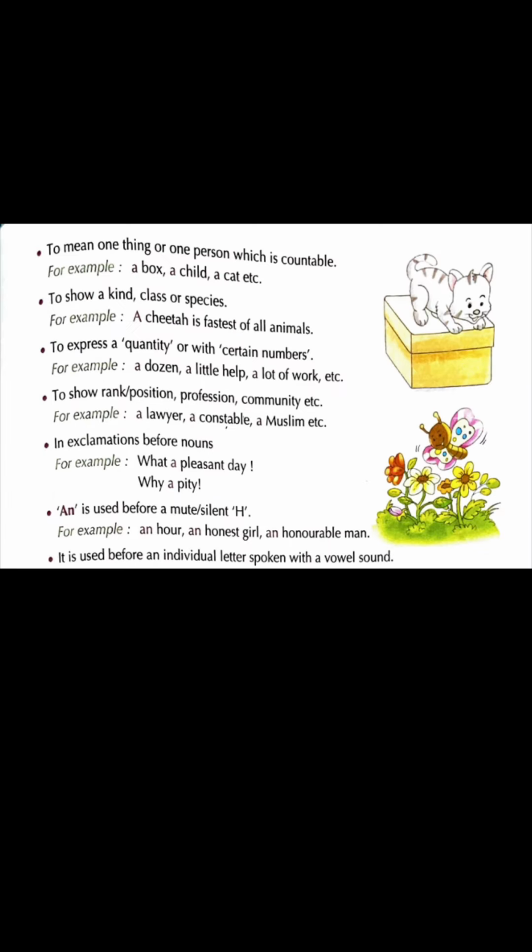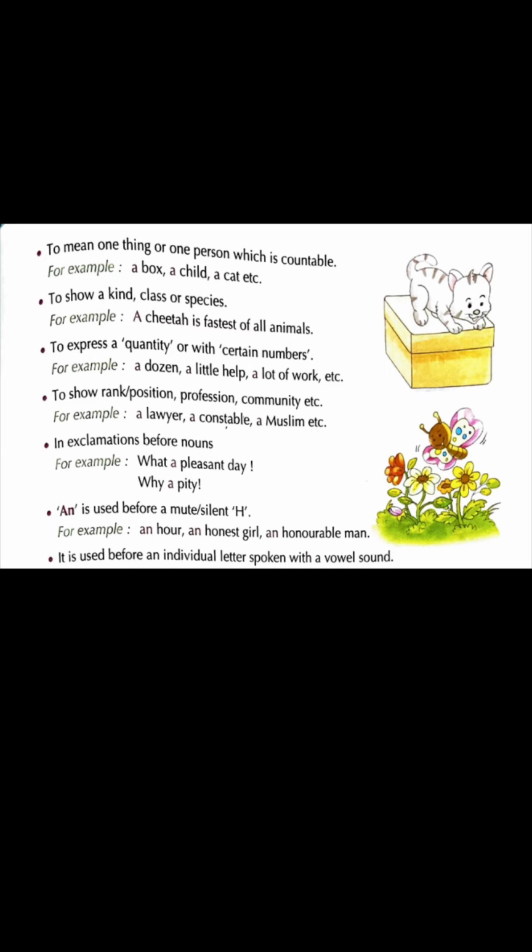Now, children, there is another thing. It is used to mean one thing or one person which is countable. Like I said, one, okay? To show a kind of class or species, like a cheetah, all right?